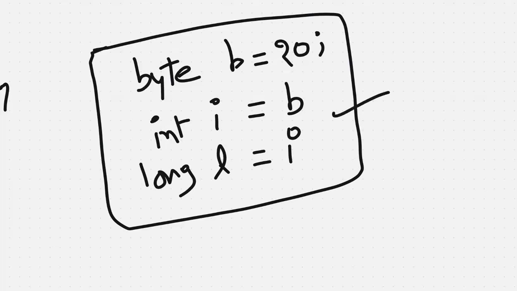So for type conversion we have two major ways: one is implicit and another is explicit. Implicit is done by Java: smaller to larger conversion, no data leakage. The second one is explicit type conversion, that means narrowing or typecasting.